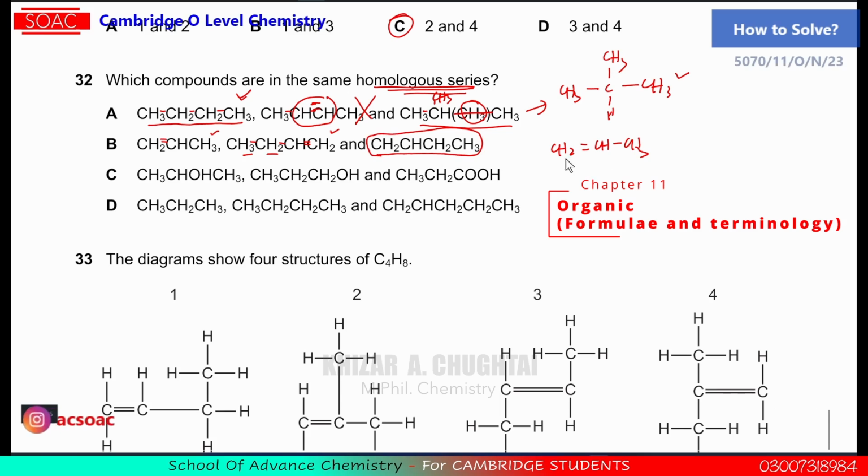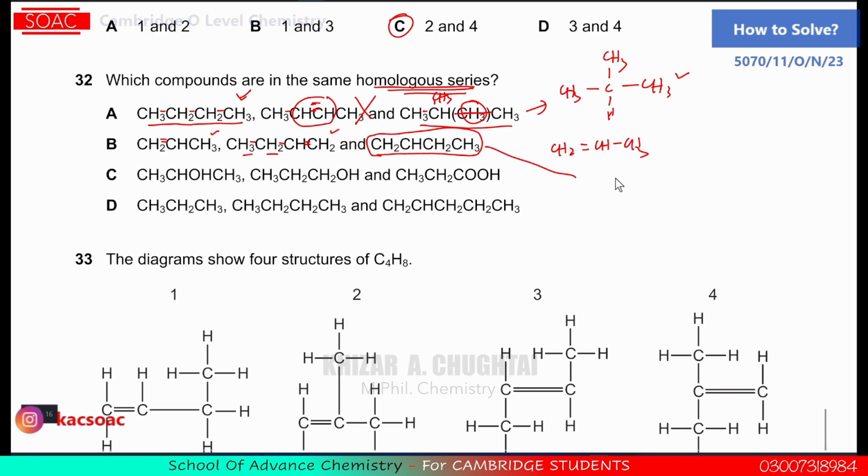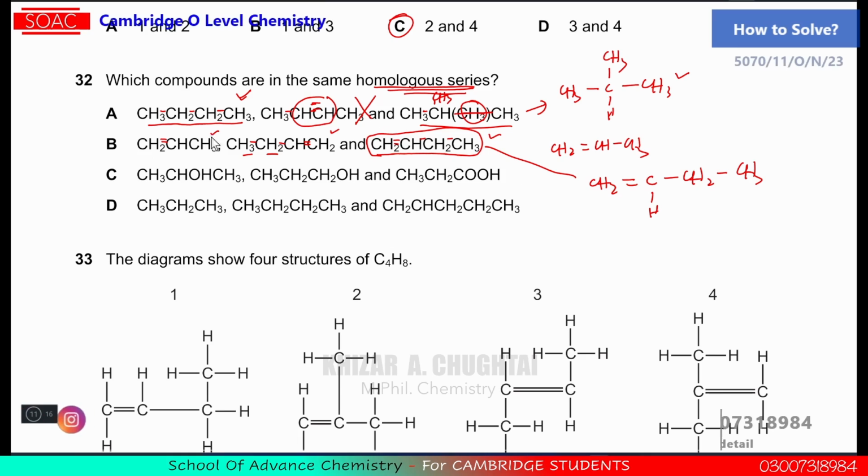I'm going to write it here: CH2 double bond CH, CH2 and CH3. It's correct, it's also an alkene. So CH2 double bond CH, single bond CH2, single bond CH3. Yes, it's correct. All these three have the same homologous series, that is alkene.